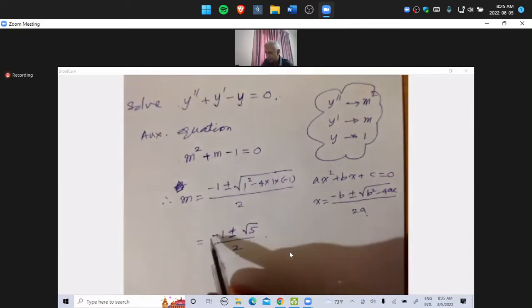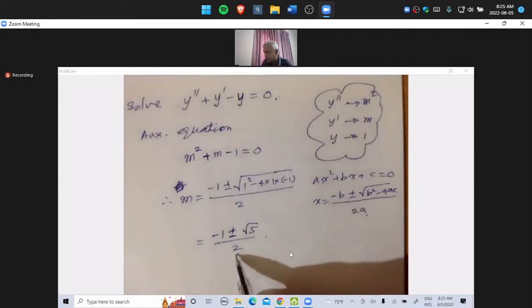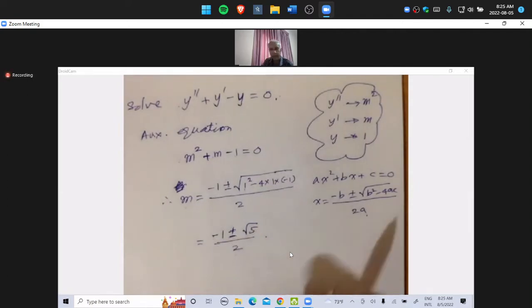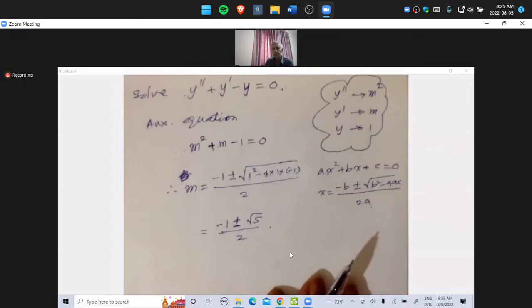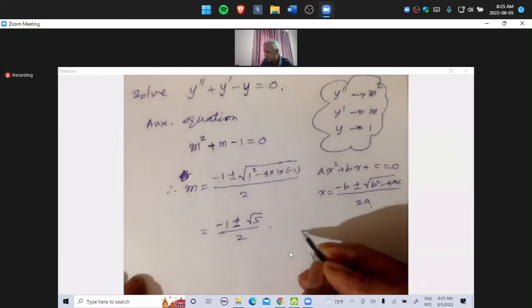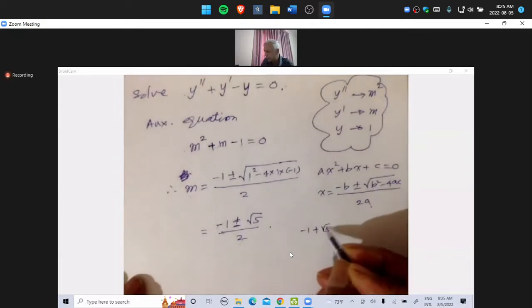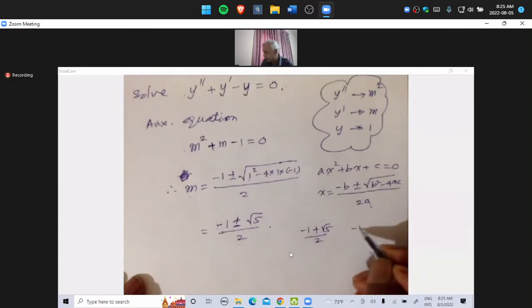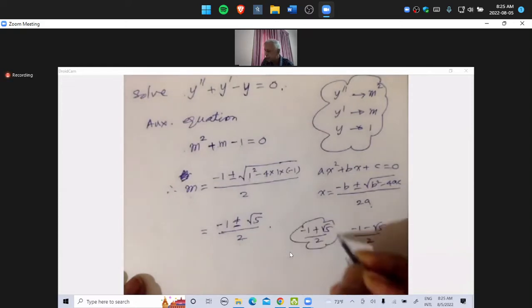What are they? When you take the plus sign, you get minus 1 plus square root 5 over 2. The other one is minus 1 minus square root 5 over 2. So those are the two solutions of the quadratic equation.